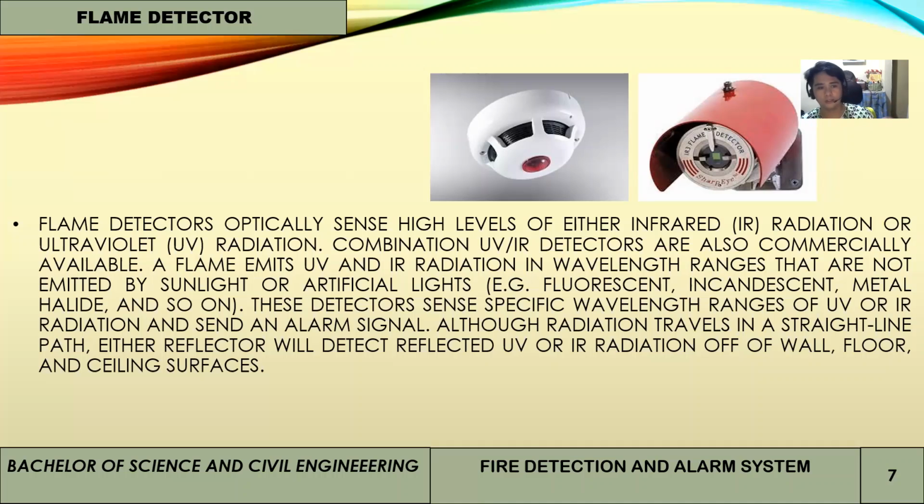Nag-combine siya also, commercially available. And then although the radiation daw kay travel siya straight line path, either the reflector o naga-detect siya sa ultraviolet or the infrared radiation of the wall o sa kisame or ceiling surface rather.